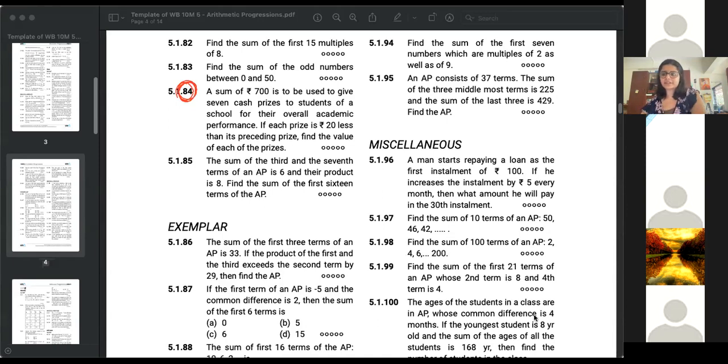Anirban, yes, 83 ka mil gaya. Correct. So the first part you already got it, Mansi.